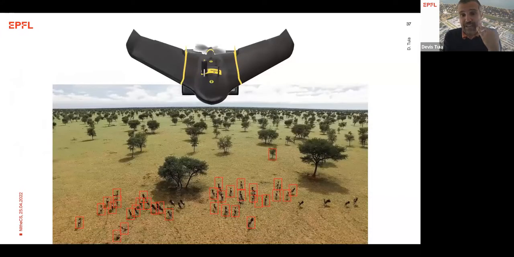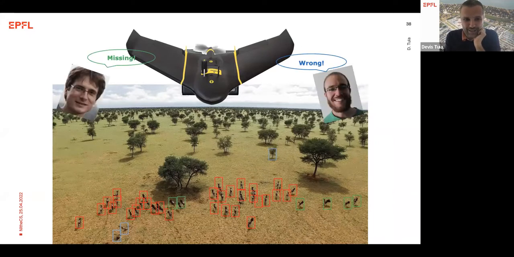Because we have now our drone with the camera, it detects animals, but I'm pretty sure that many of you have noticed that my very wisely drawn little red squares on the animals are not super accurate, because on one hand, we have animals that are missing, like here in green, and there are predictions that are wrong, like here one tree was predicted as an animal, and here two logs as well.